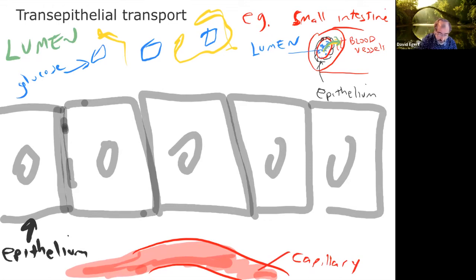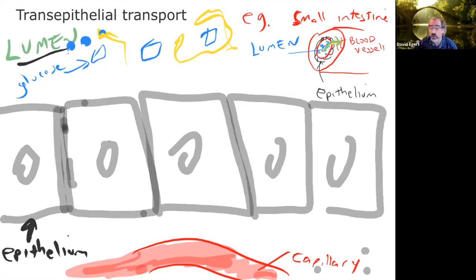This is the lumen, the inside of your intestine. This is on the other side of the wall, the inside of your body where the capillaries are. What we need to do is get this glucose, pull it across this wall of cells, so we can absorb it into our bloodstream. Because anything that stays inside the lumen eventually ends up being your poop, right? So we need to pull over the stuff we want and let the other stuff go.